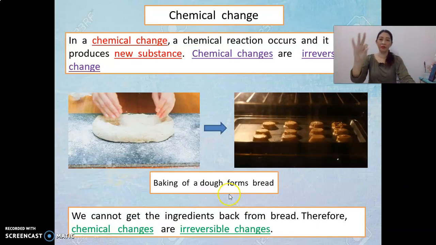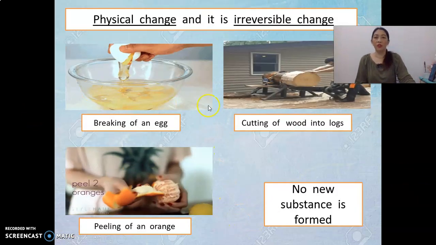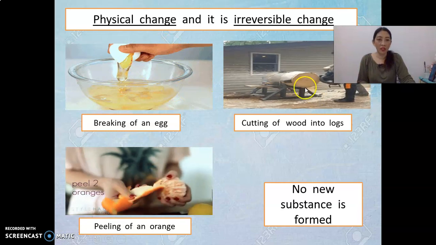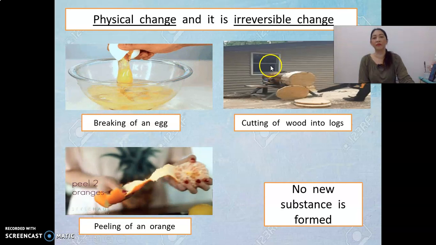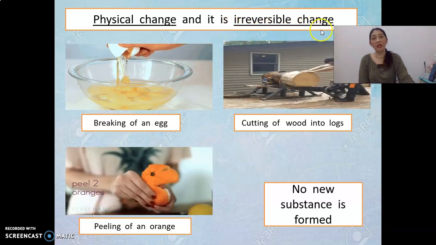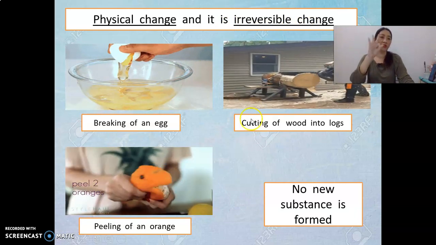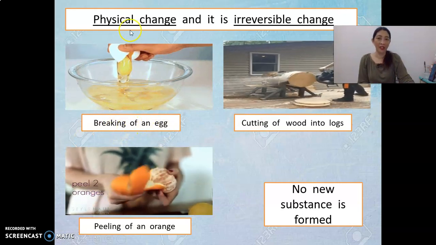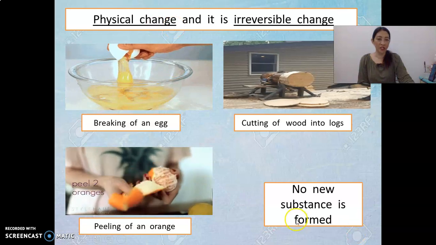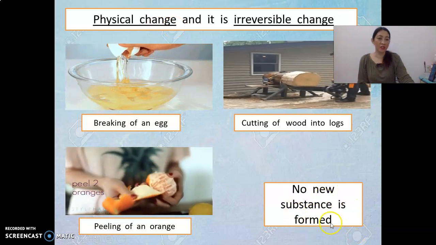Number 3 is another example of physical change, and it is a reversible change. Breaking of an egg is physical change. No new substance is formed.